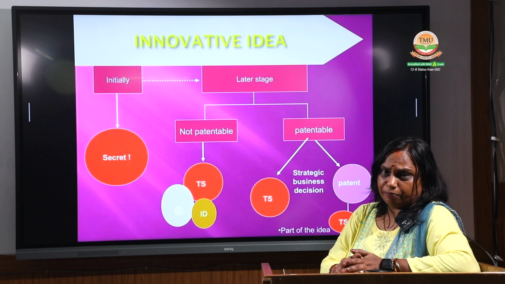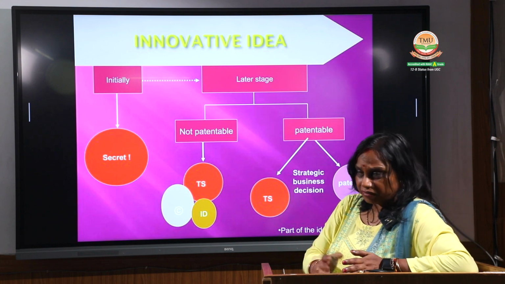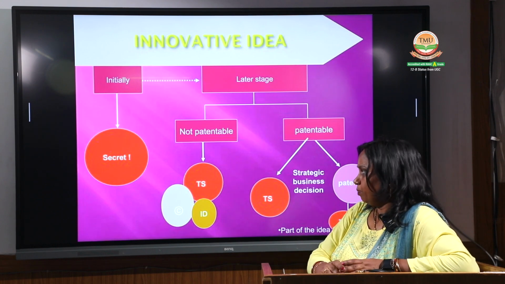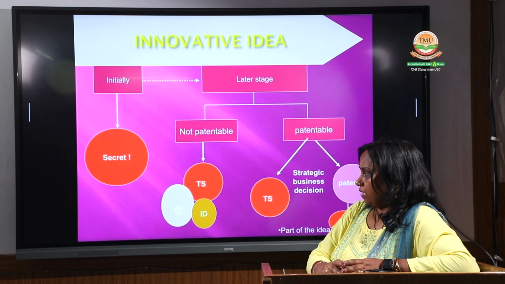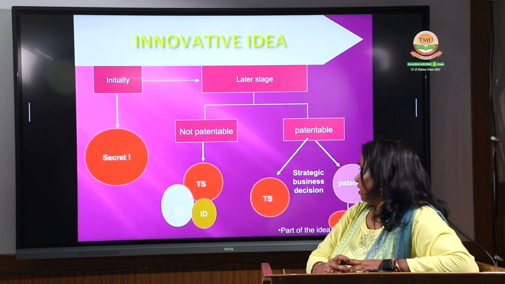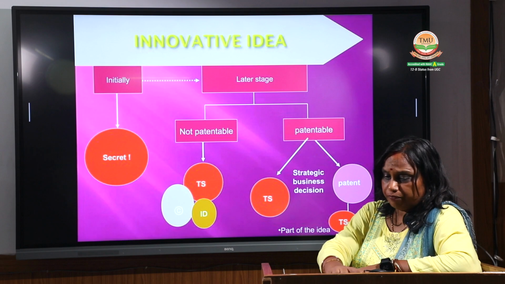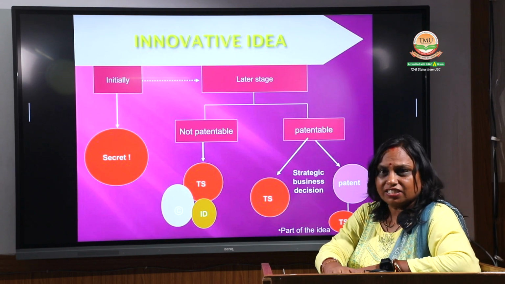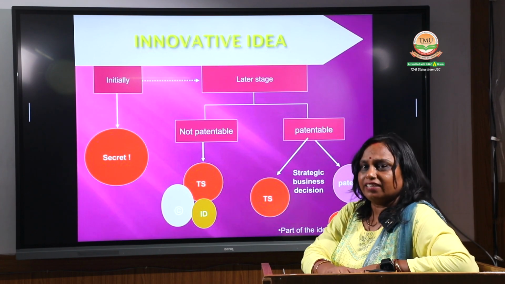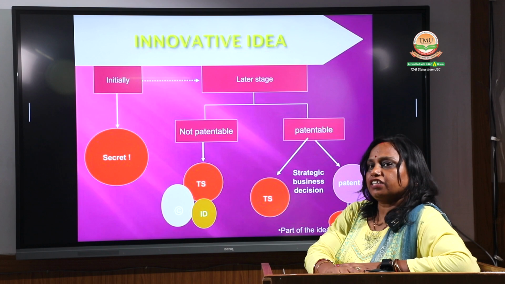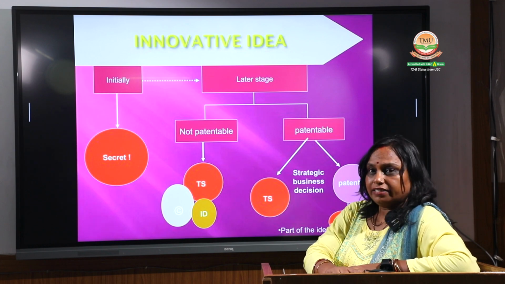If it is not patentable, then it cannot be granted. If it is patentable, then they can go for the patent application. But at the initial stage, they can protect their business idea and confidential information with the help of the trade secret.